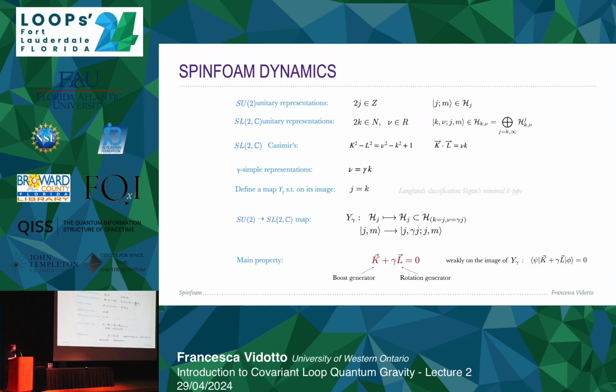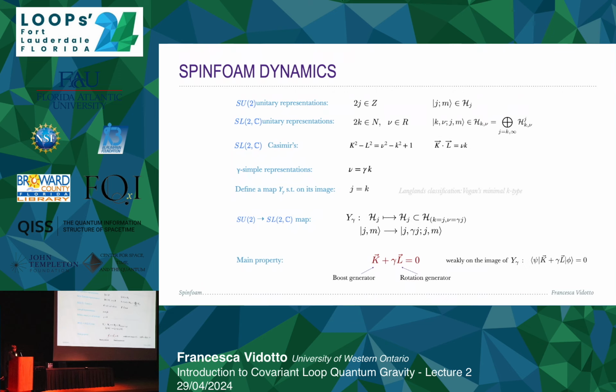Yes, question. Just one more thing, because the simplicity constraint is a classical thing, and what is happening here is something quantum. So you see that the simplicity constraints needs to be imposed, we said, weakly on the image of this map.